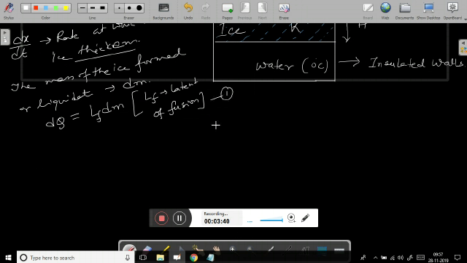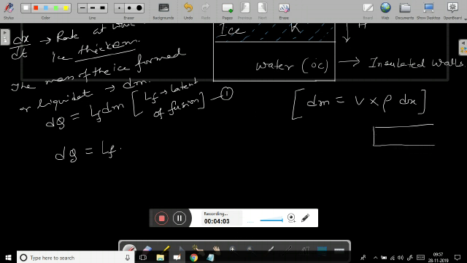The next stage is to elaborate this equation: the LF and dm portion we can write in this way. dm is basically volume into density, that is the density of the ice, and dx, the amount of thickness formed. Suppose the ice was already formed, and suppose this much amount of ice has formed now; this portion we can consider as dx, the thickness.